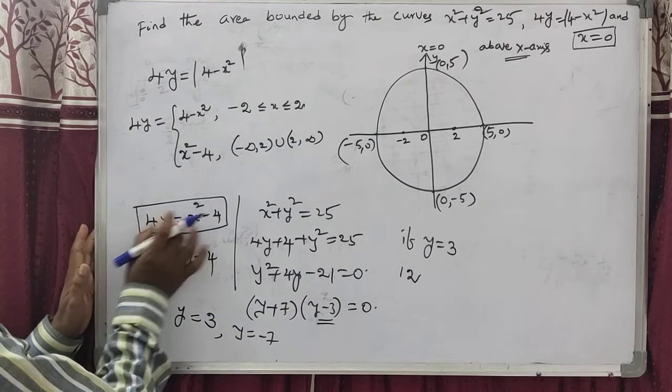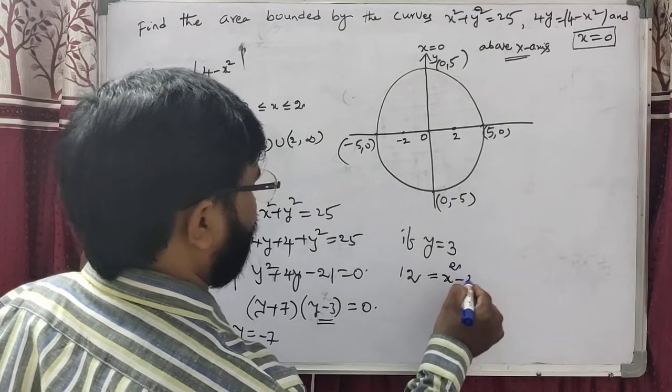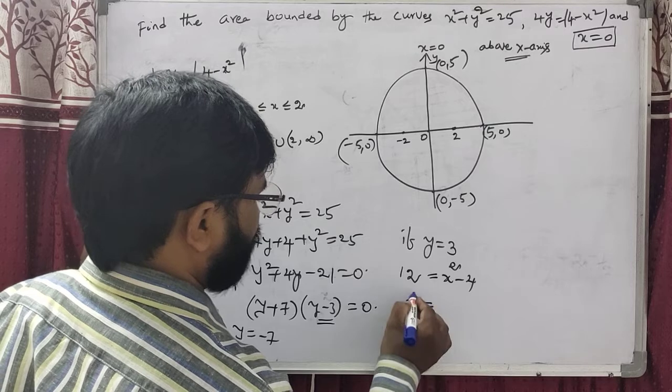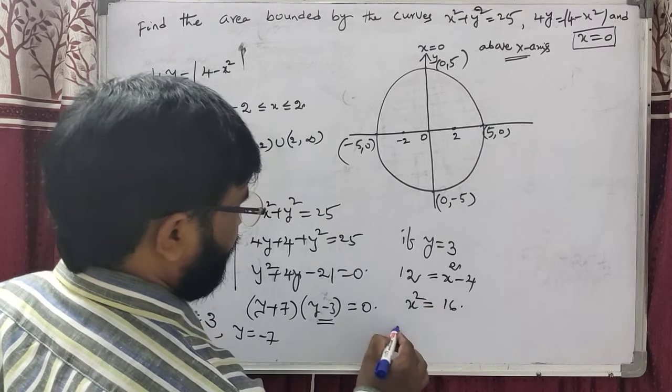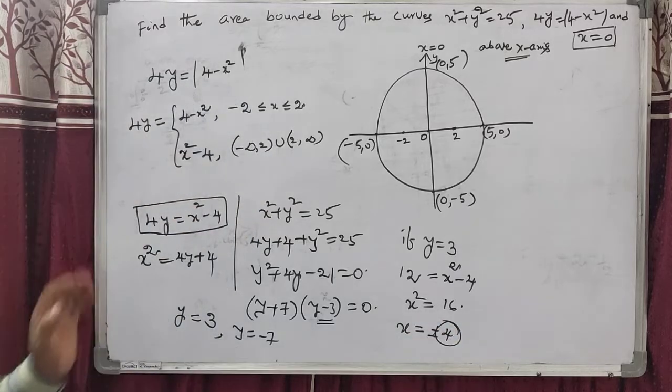Dear students, 4 times 3 is 12 equal to x square minus 4. X square equal to 16. Dear students, x equal to plus or minus 4.